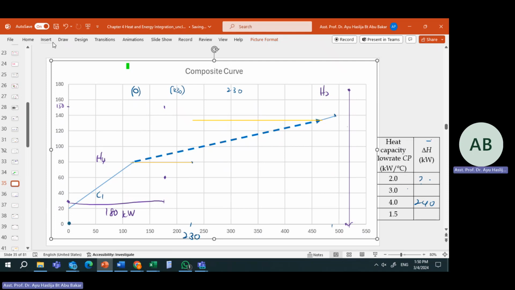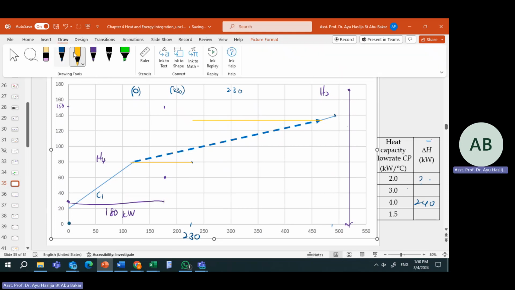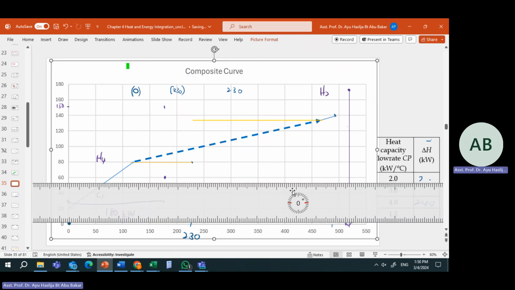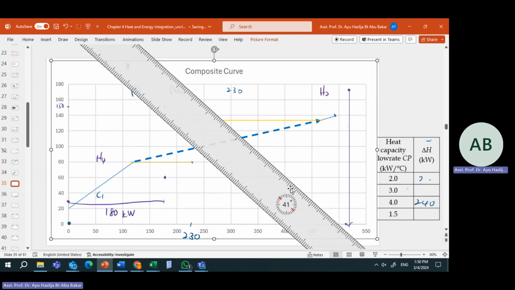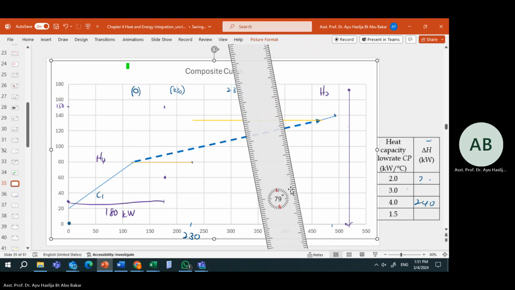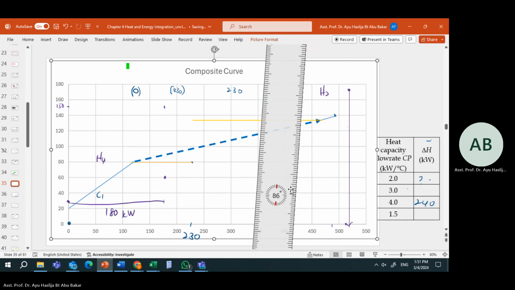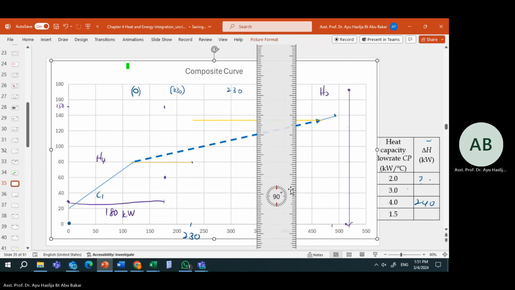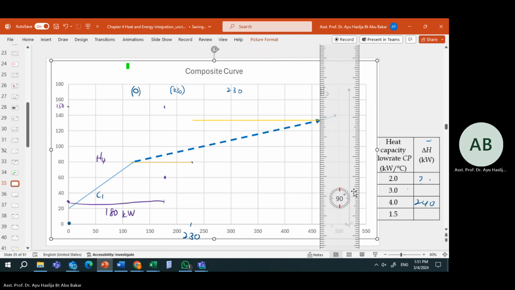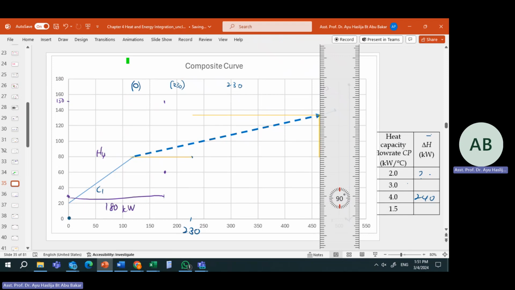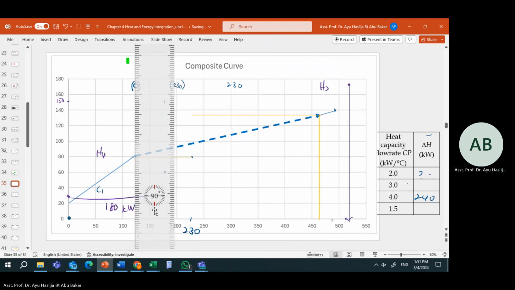So the tree area just now, as in the example, the tree area here. It will be this part.